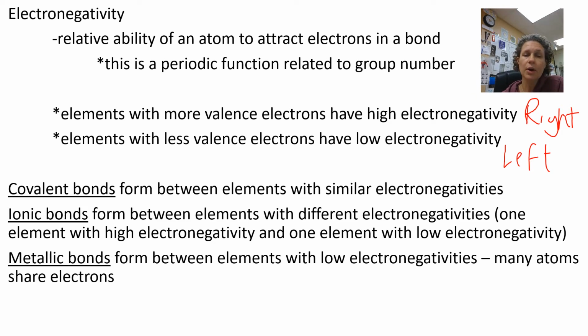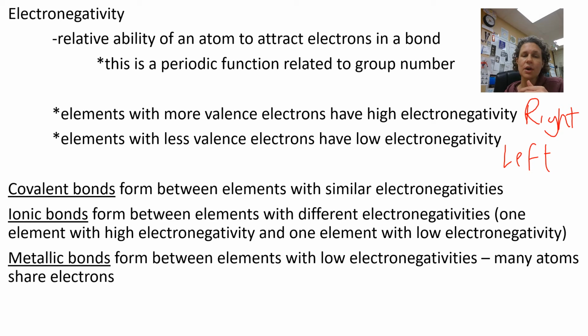We've got covalent bonds. These typically are between elements that have similar electronegativities. That means they both are equally attractive to the electrons, and so they can't really take from each other. It's like an equal pull, like tug of war between two teams that have the same strength. Instead of one taking and the other losing, they're similar, and so they end up having to share them.